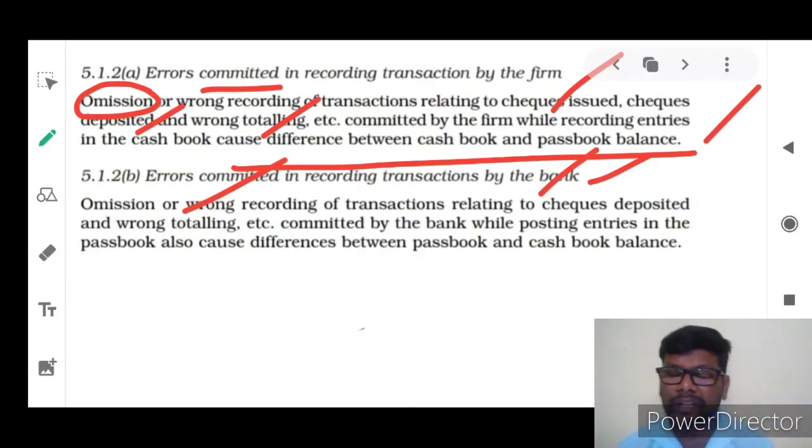Personally, you people may have some experiences with bank issues. Like if you are withdrawing money from an ATM, sometimes the amount is debited in your bank account, but the money does not come out. I came across this kind of situation near Gandhigram, where a One India ATM is there. I inserted my ATM card and typed how much money I required.